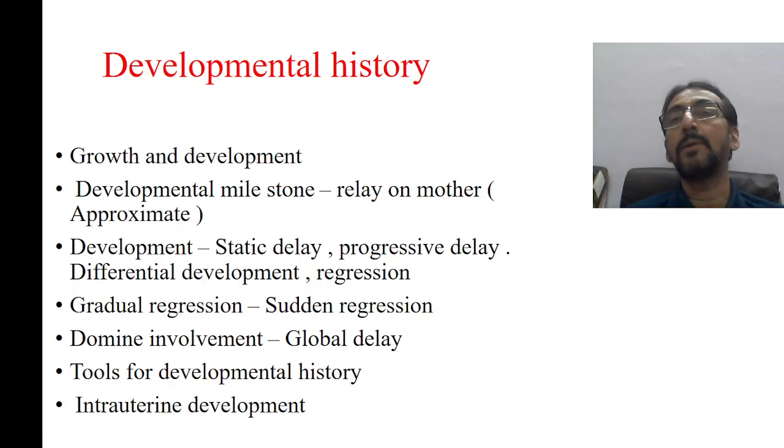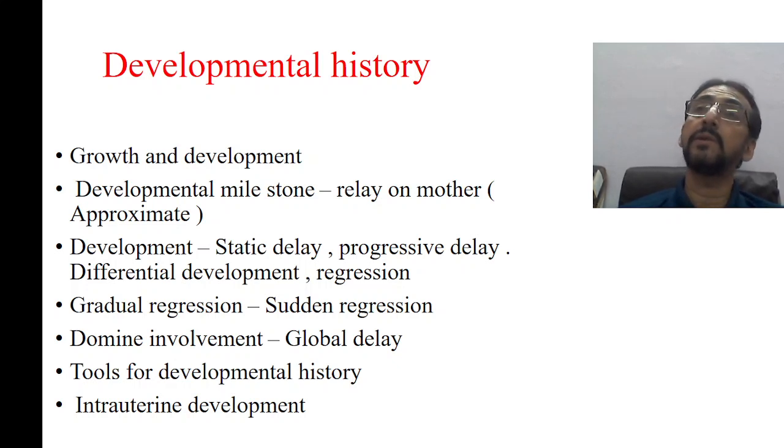So when you take the developmental history, you have to keep in mind all these aspects. Number one is domain. Which particular domain is affected? Whether only the motor domain is affected, only the social domain is affected, or only the language domain is affected, the diagnosis is going to differ. Only the gross motor domain affected is most commonly seen in case of spastic cerebral palsy. Only social and language developmental milestones affected, with other things normal, is most commonly seen in case of autism.